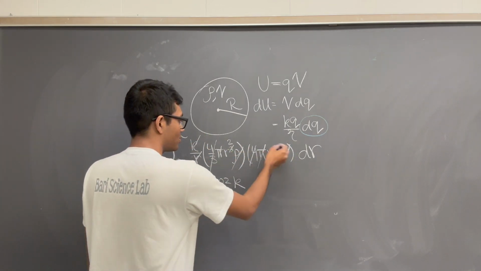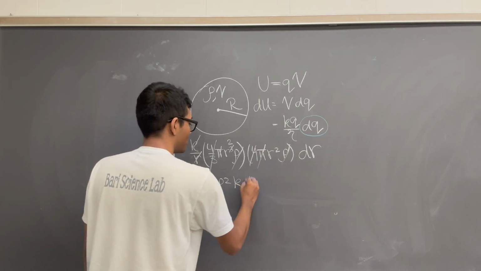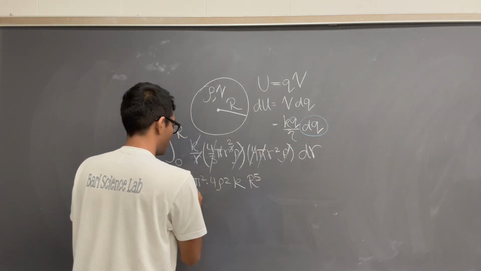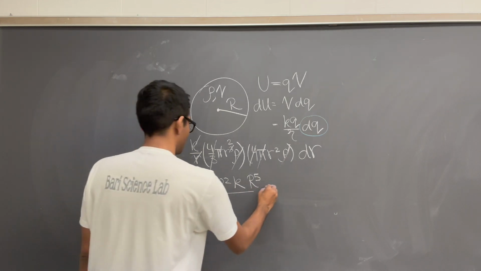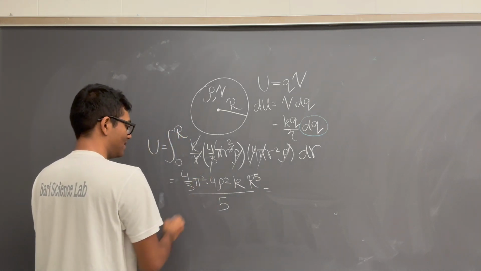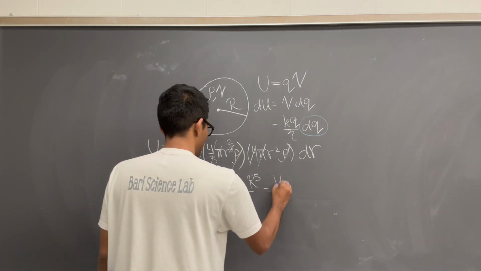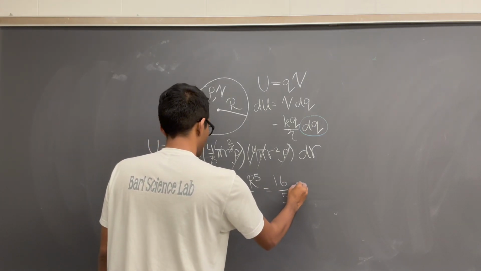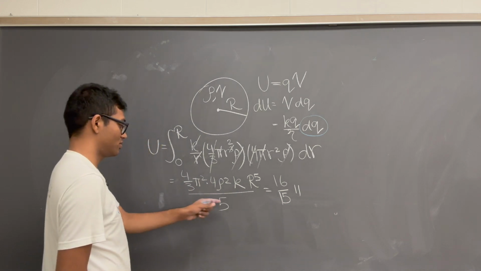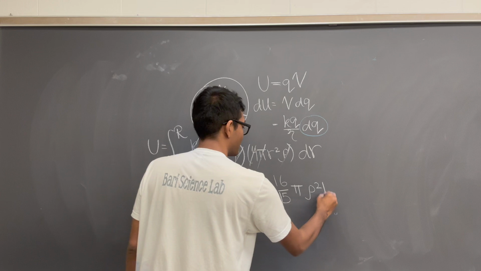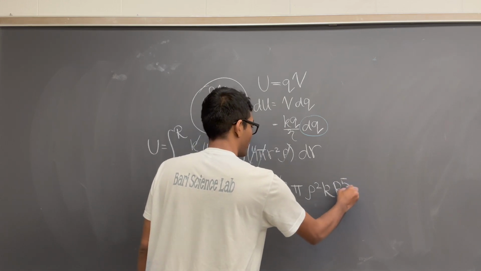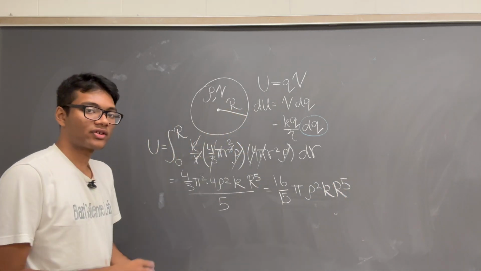And I've got the integral of r to the 4, which is simply going to be r to the 5th over 5, okay? And let's just simplify this a bit. So this is going to be 16 over 15, 3 times 5, pi rho squared times k times r to the 5. So this is the total energy of our system.